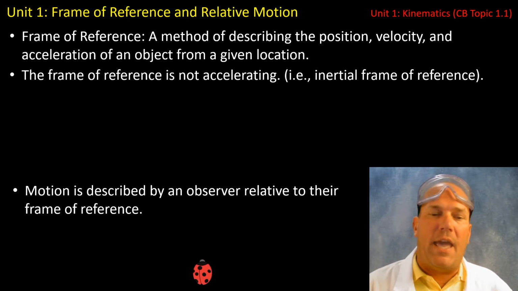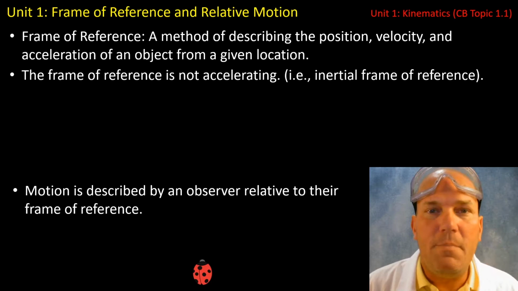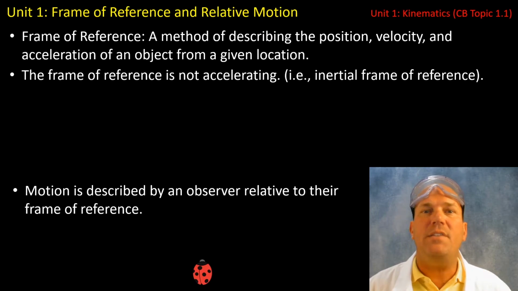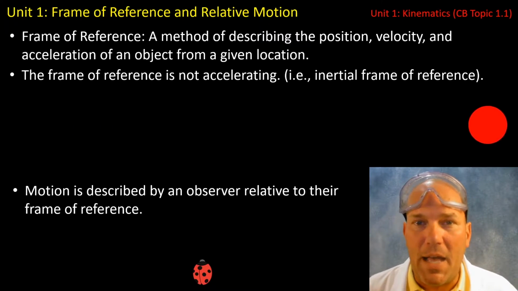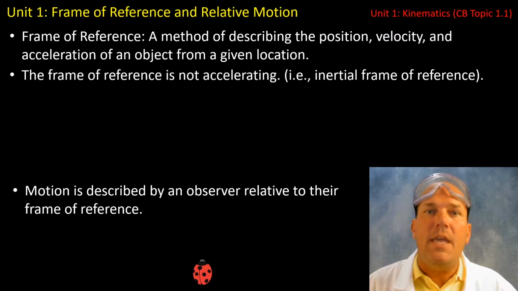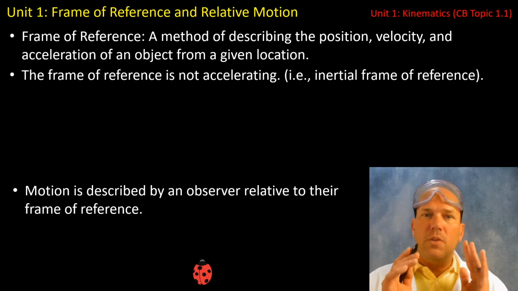So let's look at our ladybug here at the bottom of your screen. The ladybug is stationary on the ground and observes a bocce ball that comes flying by. Okay, again, the bocce ball comes flying by, and we want to describe this motion relative to the frame of reference of the ladybug.